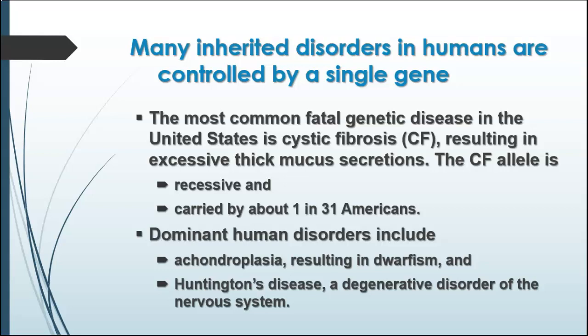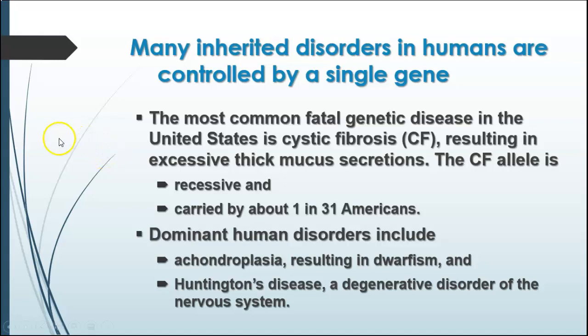Some dominant human disorders include things like achondroplasia, which causes dwarfism, and Huntington's disease. Huntington's disease is a degenerative disorder of the nervous system, but the symptoms usually do not appear until the mid-40s to 50s, by which time that person has already had children, probably, and possibly passed on that gene to their children.